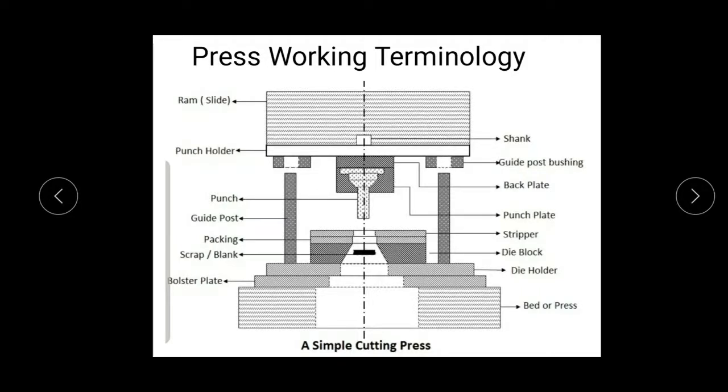So bush, post, guide post bushing and guide post. These are guiding components. Guiding components maintain accurate alignment of upper shoe with lower shoe during the operation. Guide post sets and dowel pins are examples of guide components.